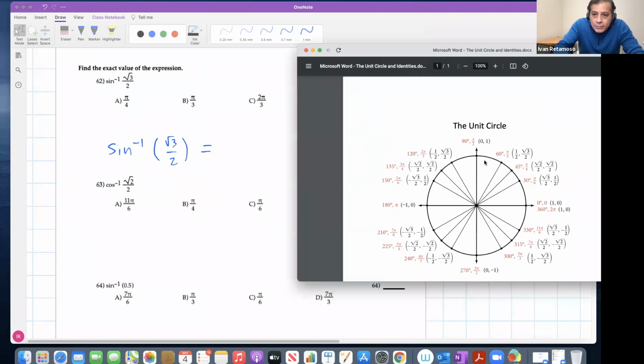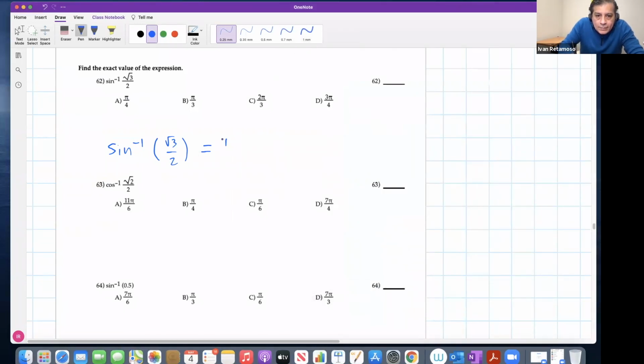Remember, for sine inverse, we are allowed to look for angles between pi over 2 and minus pi over 2. This is where you look for those angles. Clearly, I found one angle here, so this should be just pi over 3. You answer in radians. That is what mathematicians expect you to do, not degrees but radians: pi over 3. You follow, guys, for 62, pi over 3.